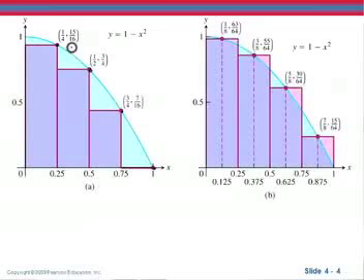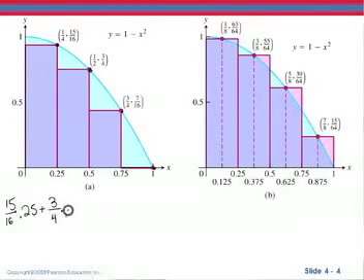Now, to find this area for this first rectangle, it is 0.25 by 15/16. So this will be 15/16 times 0.25 plus, this one's also 0.25, its height is 3/4, so that's 3/4 times 0.25 plus, this is also 0.25 with the height of 7/16.